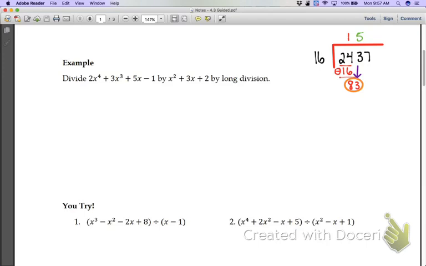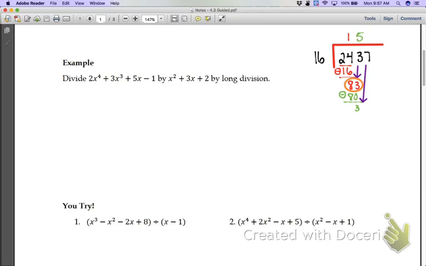Multiply it, so I get 80. Now what do I do with the 83 and the 80? Subtract, or change the sign. So then I'm left with 3. Now what do I do with that 7? Drop it like it's hot.